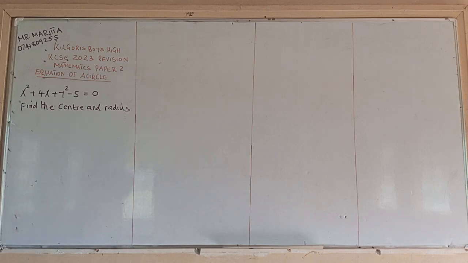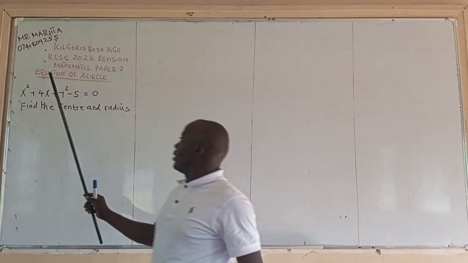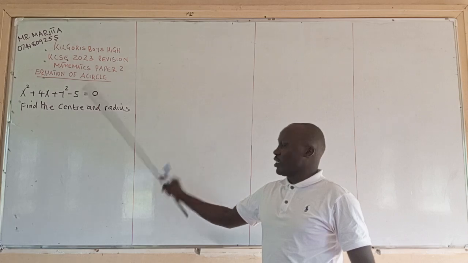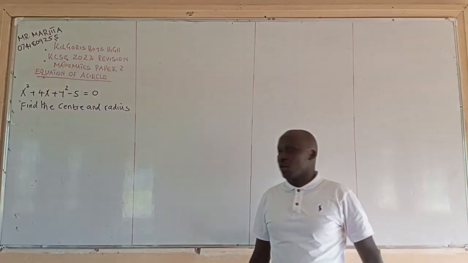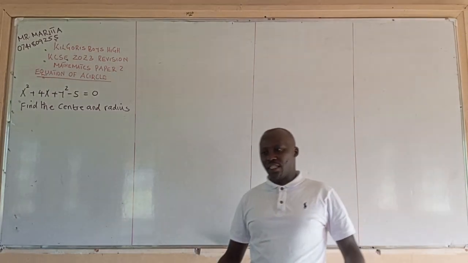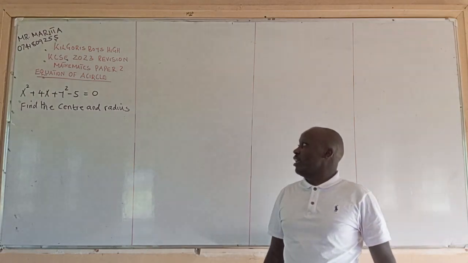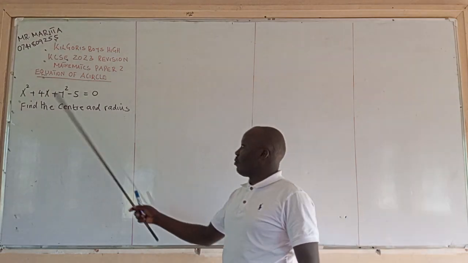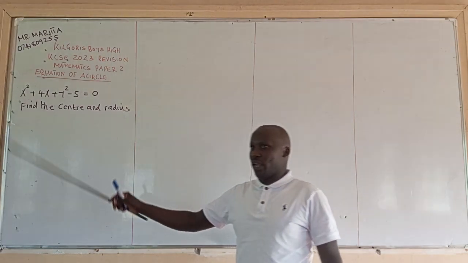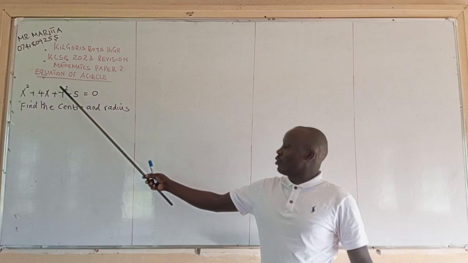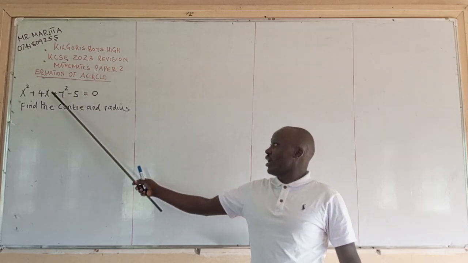Once you get this kind of problem, where we have x squared plus 4x plus y squared minus 5 is equivalent to 0, you normally use the completing square method. The equation must be of this form, where we have ax squared plus px, then what is missing here is a py.